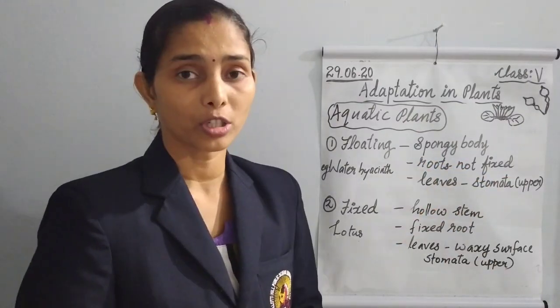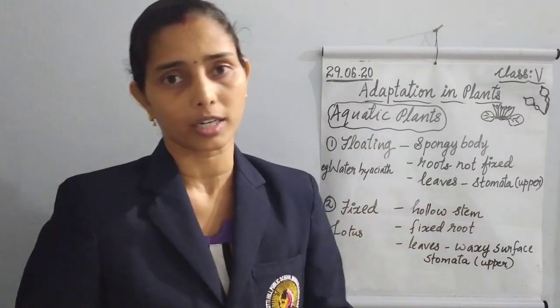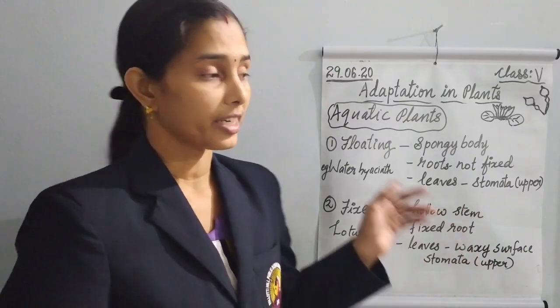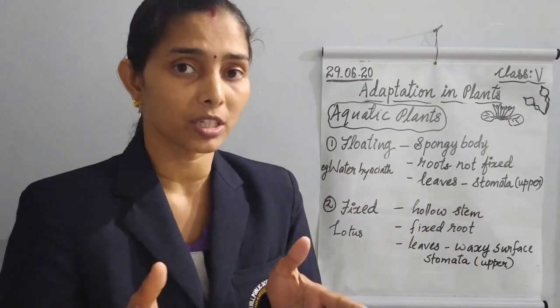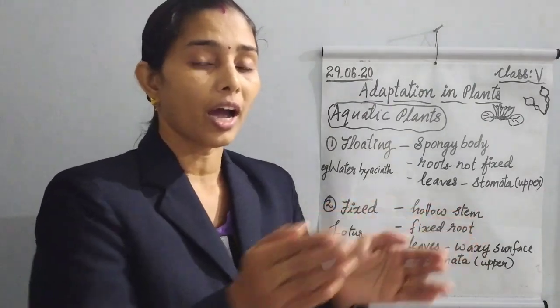Then what about the roots? The roots are not fixed because they are floating. No need to fix their roots. They are floating along with the flow of water. It is a floating plant, and its adaptation is that it is moving along with the water.